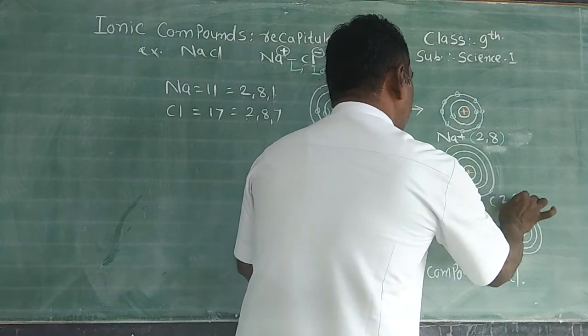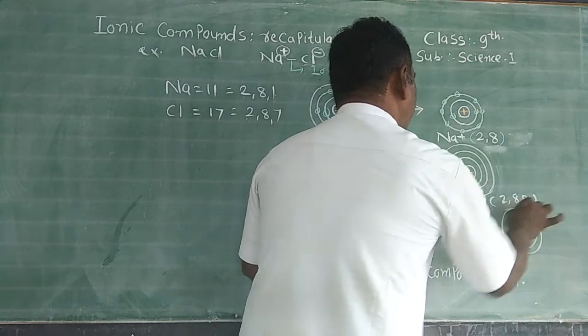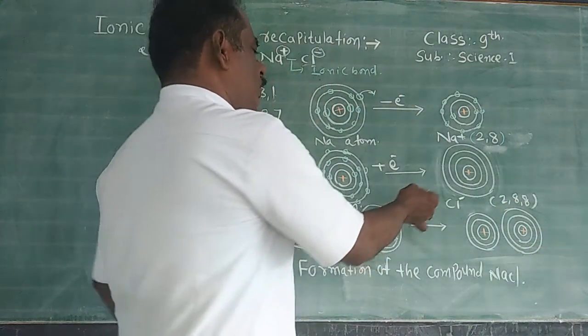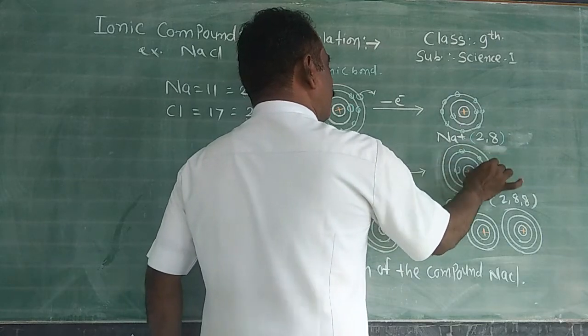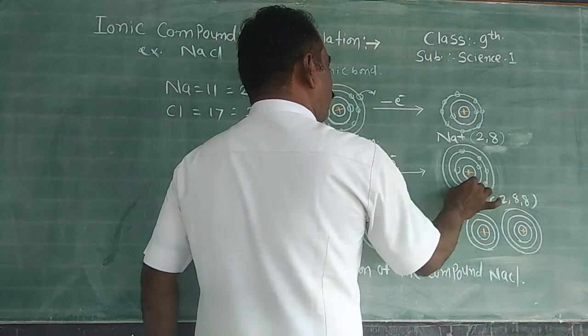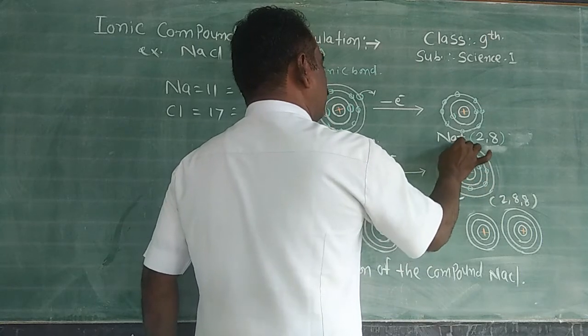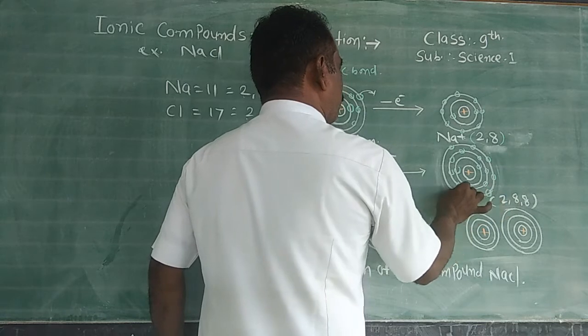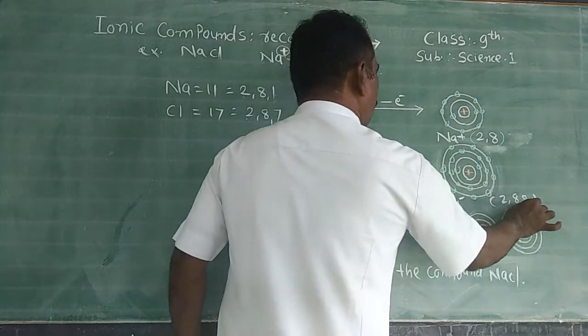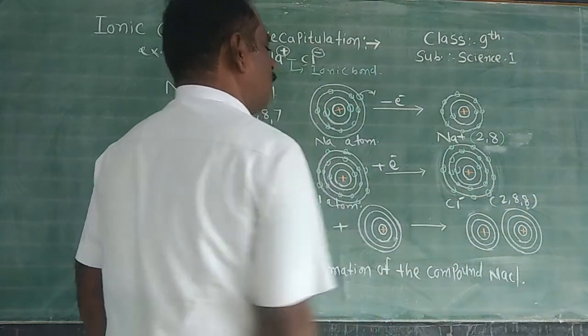The electron configuration is 2, 8, 8, so the octet is completed to form a negatively charged ion.